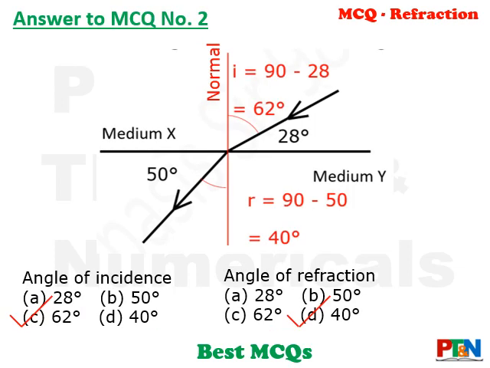The answer for the first one is 62 degree. Angle of incidence is 62 degree and angle of refraction is 40 degree. You can see the angle of incidence or angle of refraction has always to be drawn with the normal. So the angle with the normal is 62 degree for angle of incidence and 40 degree for angle of refraction.